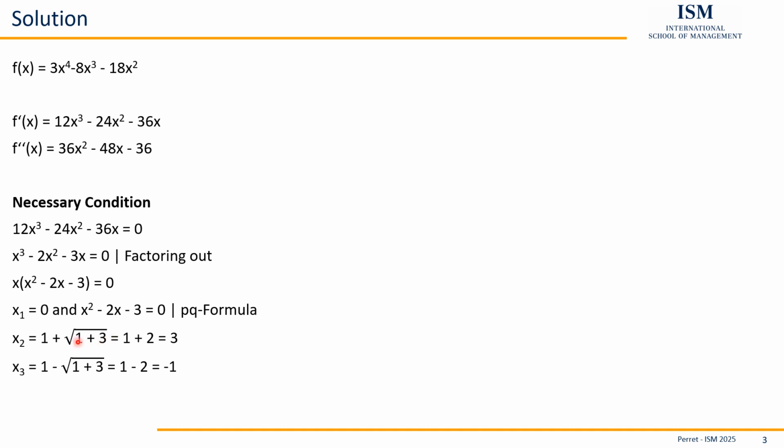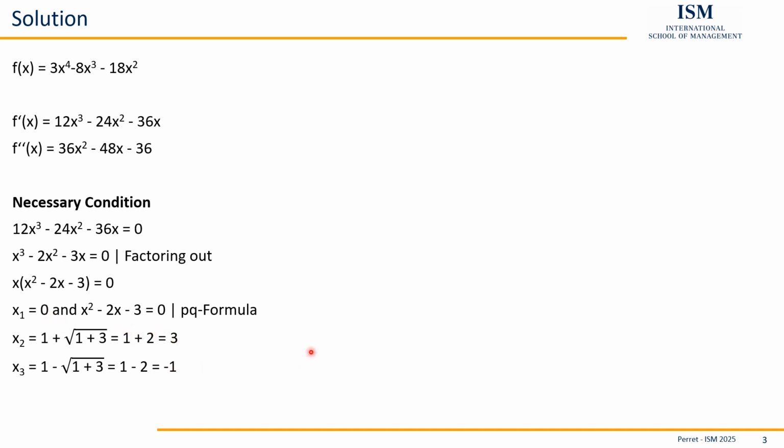So I have square root of 1 plus 3, so square root of 4, and it is 2. So the first solution is 1 plus 2, and the second solution is 1 minus 2. So giving me here another potential extrema, 3 and minus 1. So I have 3 potential extrema in total, 0, 3, and minus 1.